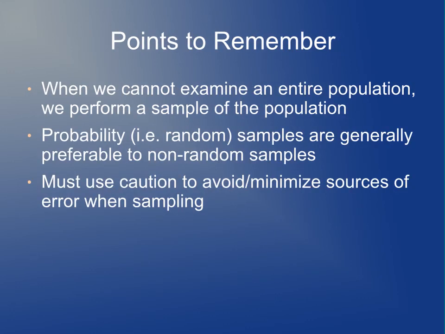So the thing to remember is that when you can't examine an entire population, you do a sample of the population. Probability samples or random samples are always preferable to non-random samples, and you want to be careful to avoid possible sources of error when you do your sampling.